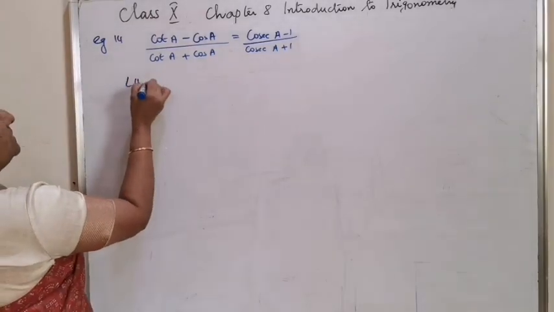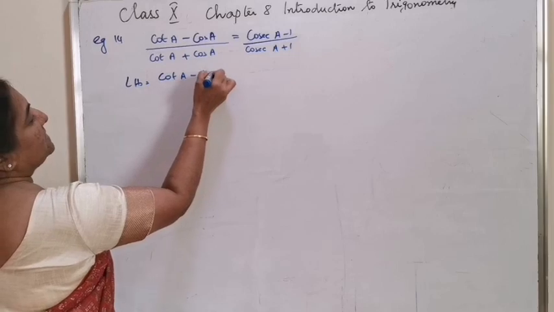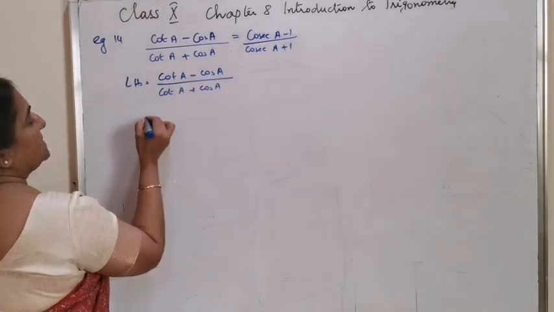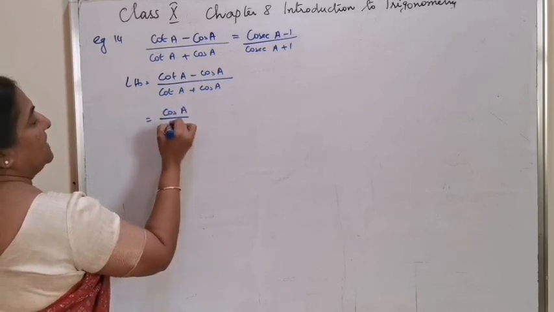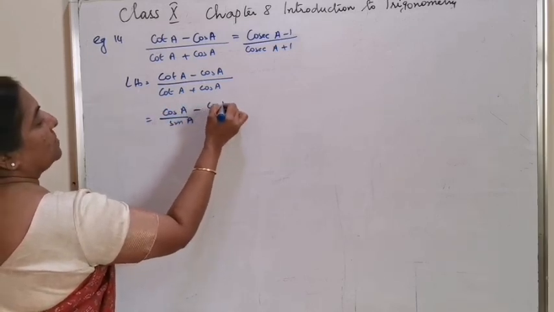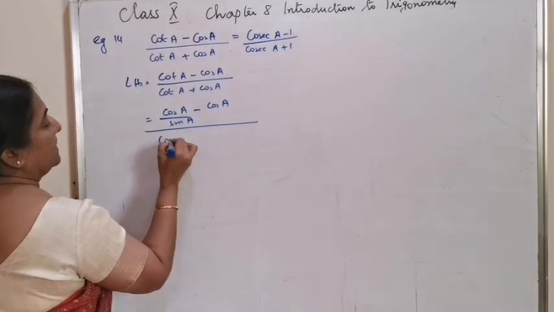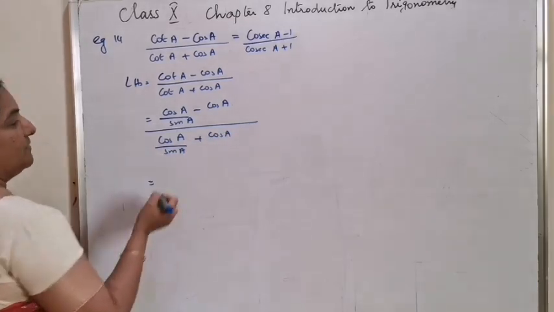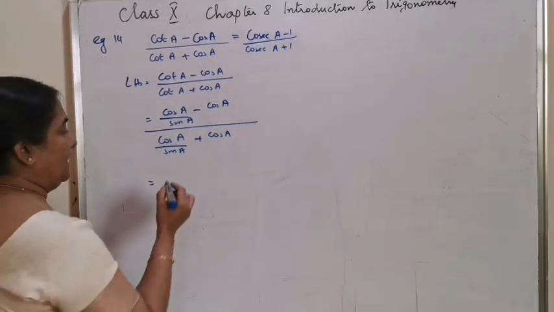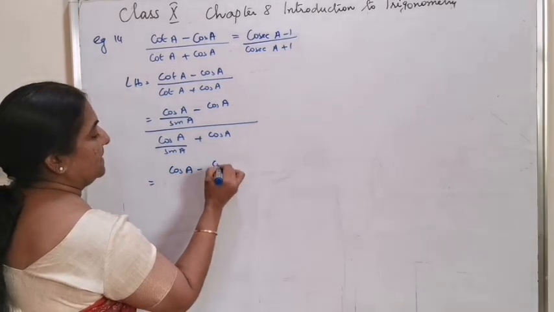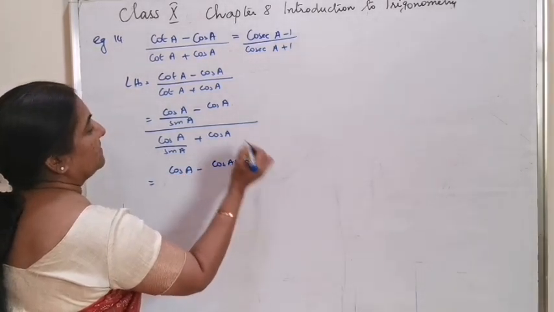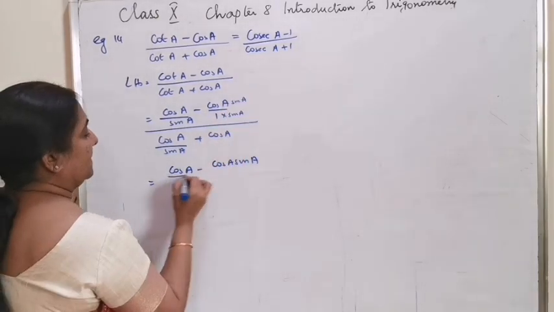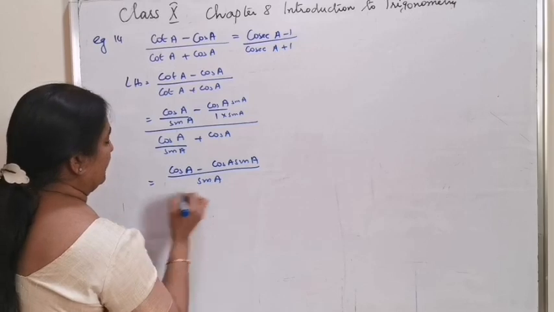LHS is equal to cot A minus cos A by cot A plus cos A, which is the same as cos A by sin A minus cos A divided by cos A by sin A plus cos A. LCM of the numerator, LCM of the denominator, which is cos A minus cos A sin A divided by sin A.